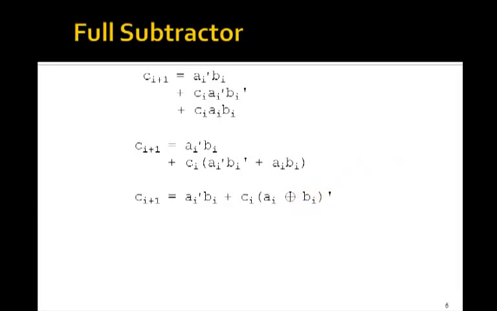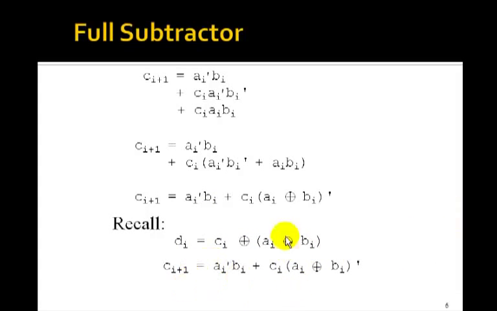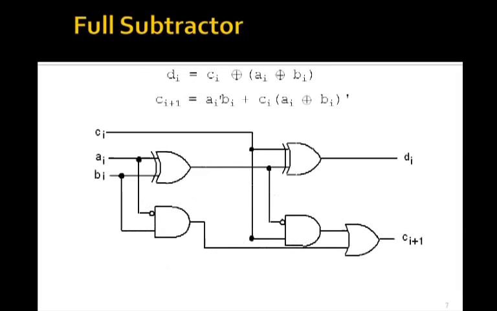So it's exclusive NOR, and you recall that the difference is the same as the sum of a full adder, and so we have these two equations for a full subtractor, and from that we can draw the logic equation. The top just looks like a full adder.